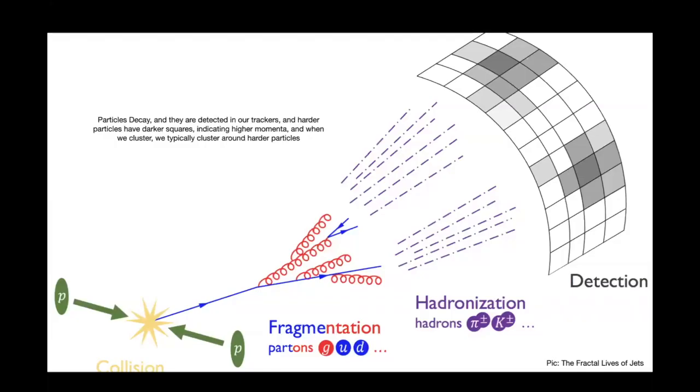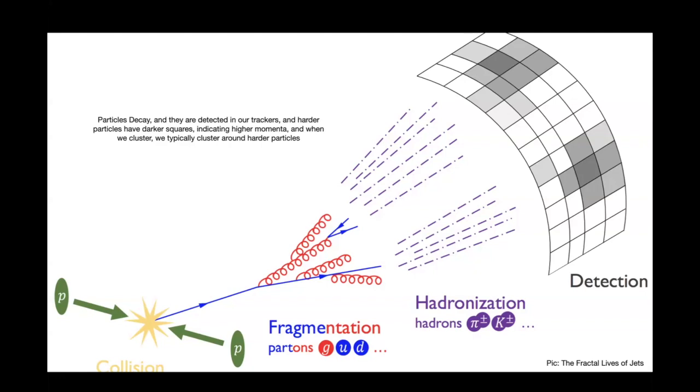Here's an example. If you have a proton-proton collision, like something happening at the LHC, you have parton showers, you have fragmentation, and then you have hadronization. Eventually, after this whole branching process, you create stable particles that you see at the very top right, and that's what the detection is.